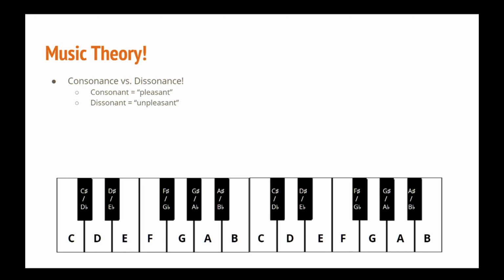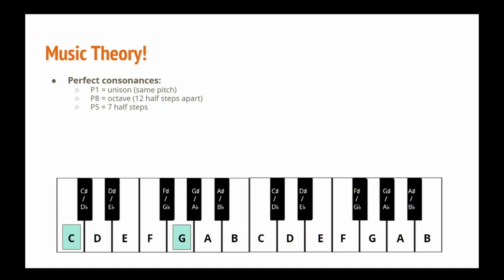But for now, we at least need to be able to identify which intervals are consonant and which ones are dissonant. There is some debate on how to classify each interval, but in this video, we're going to classify them as follows. We have perfect consonances, which include unisons, octaves, perfect fifths, and perfect fourths.